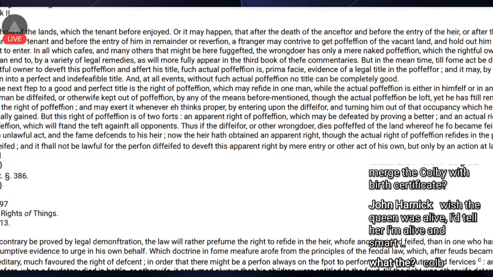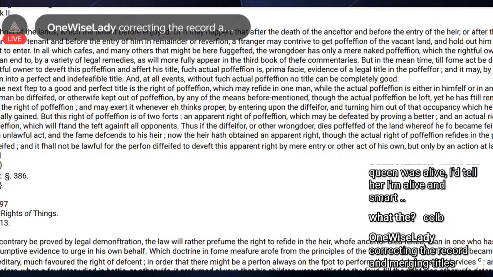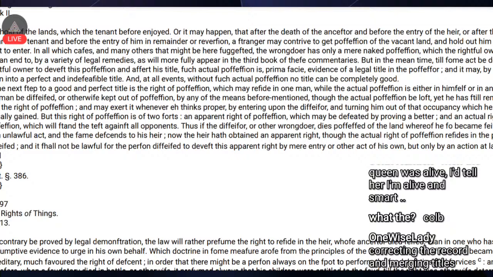The next step to a good and perfect title is the right of possession, which may reside in one man, while the actual possession is either in himself or another. For if a man be disseised, or otherwise kept out of possession, by any of the means before mentioned, though the actual possession be lost, yet he has still remaining in him the right of possession, and may exert it whenever he thinks proper, by entering upon the disseisor and turning him out of that occupancy which he has so illegally gained.